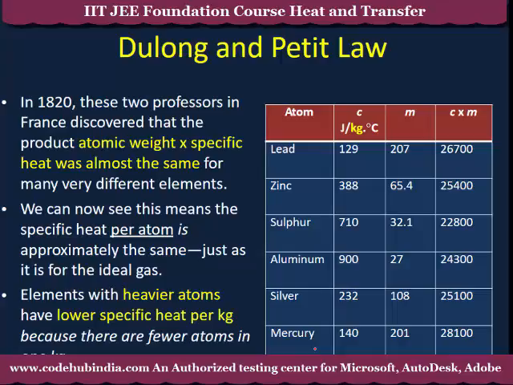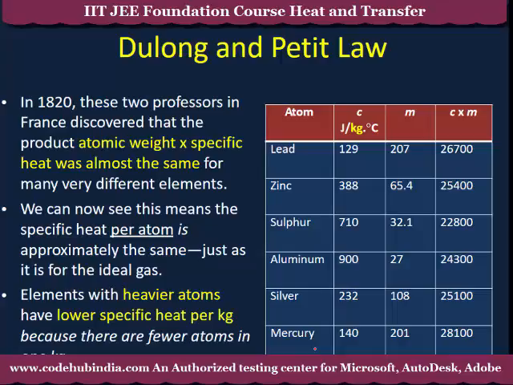In 1820, two professionals in France found that atomic weight times specific heat, the atomic heat, was almost the same for many different elements. Almost the same: lead 26,000, zinc 25,400, within a thousand of each other, and mercury 28,000.